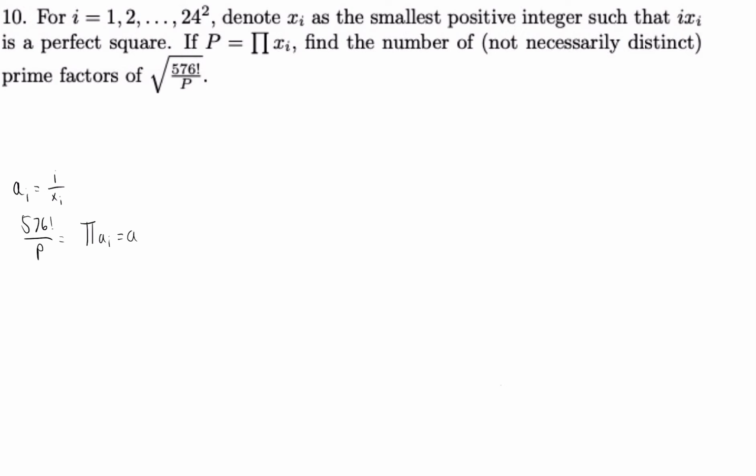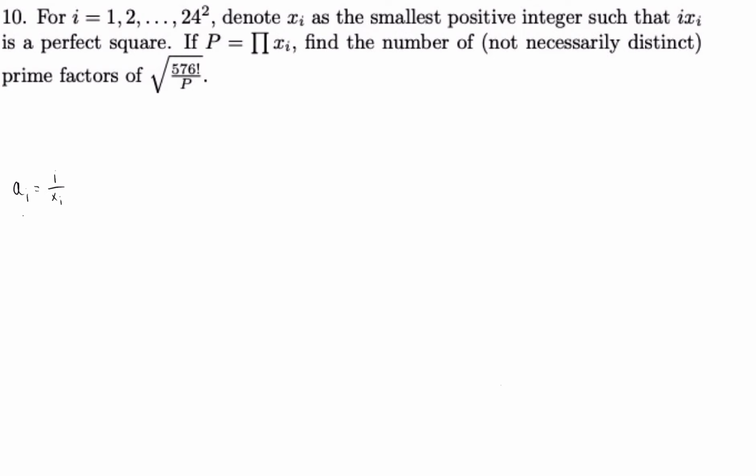Because that's equal to a1 times a2 times a3 times ... times a576, which is equal to 1 over x1 times 2 over x2 times 3 over x3 times ... times 576 over x576, which is 576 factorial over P. Okay, now we have that a_i notation down. Let's try solving this problem.